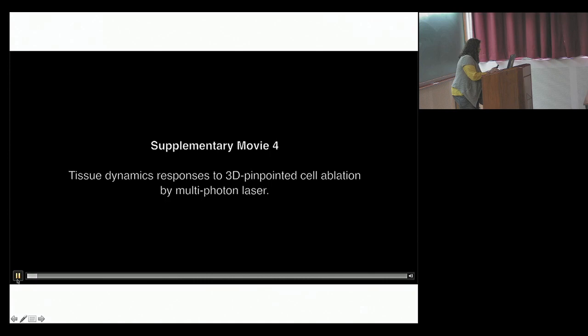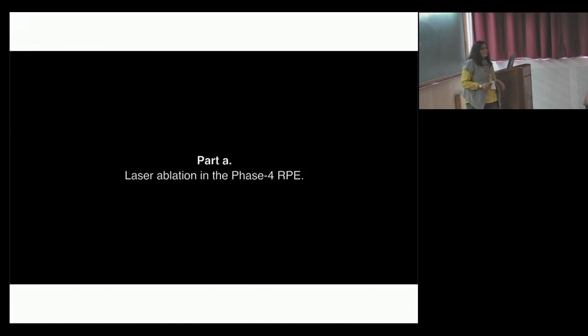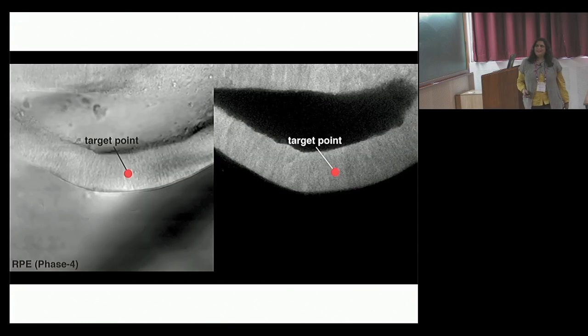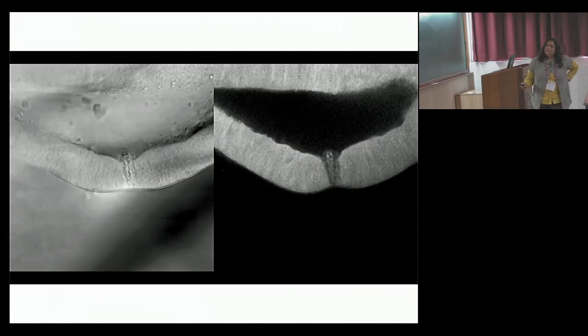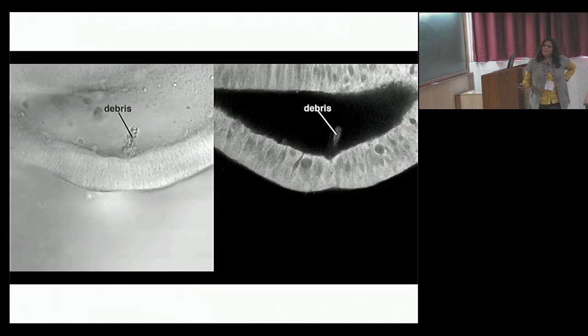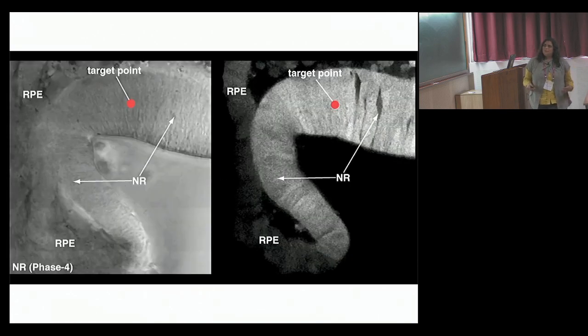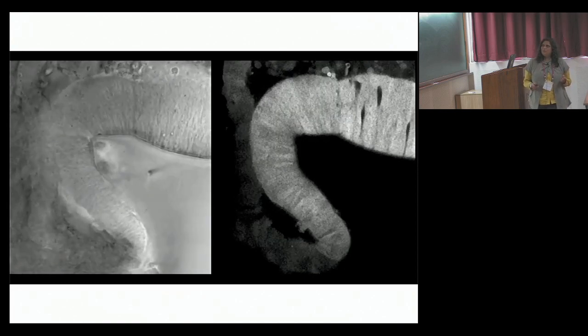So they used laser ablation as a way of figuring out whether there's anisotropic tension. They used multi-photon lasers to create little ablations and saw what the tissue response was. Basically, the two ends of the tissue came back close to each other.